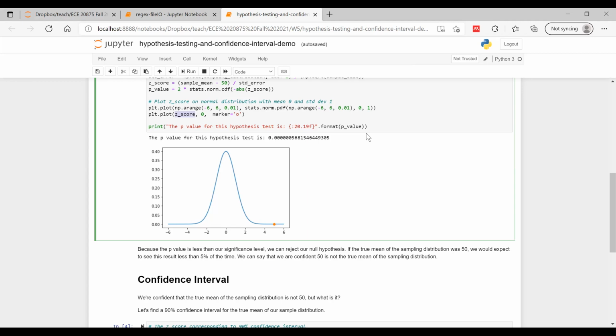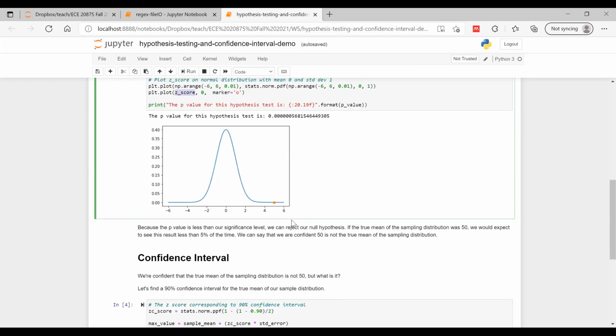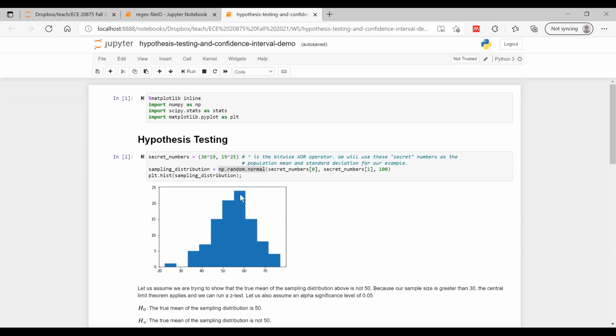Of course, you need to define alpha, your significance level, but usually this is a tiny value, so we will reject it. So this gives the indication that your null hypothesis will be rejected. That means your population mean is not 50, right? This is pretty much our guess, because we are thinking the mean is probably around 55, so 50 is a little bit off.